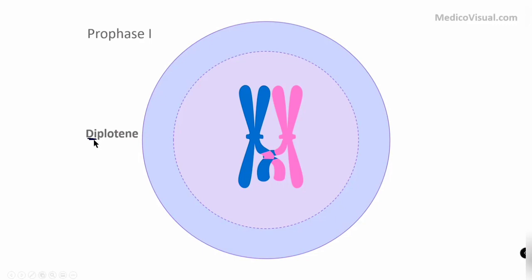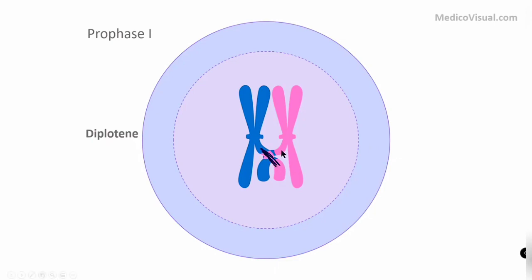Now they are two different entities, but remember they are still attached here. So this phase is called diplotene, but remember the part at which they exchanged the genetic material, at that part they are still attached with each other. Their parts are still attached, and you can see they have formed a cross-like structure.